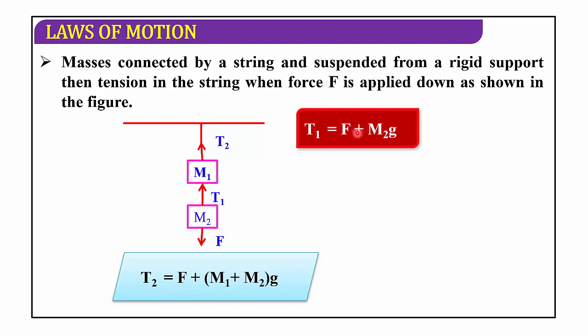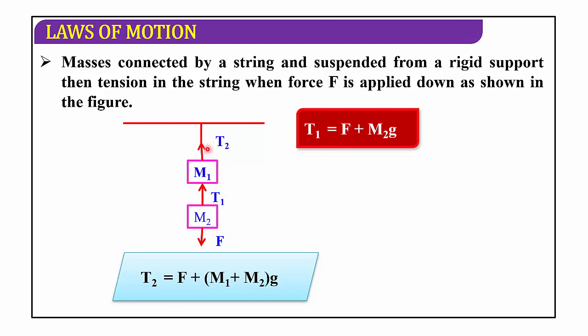So we have to write F plus M2 into g. Why do we have to write M2? Because M2 is downward, this is the second object. Is it clear? Because of this M2, tension is created upward, not because of M1. So we have to write F plus M2g. This is tension T1, between M1 and M2.